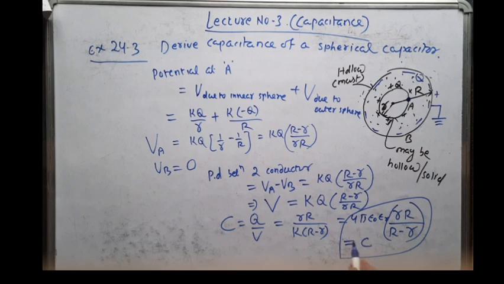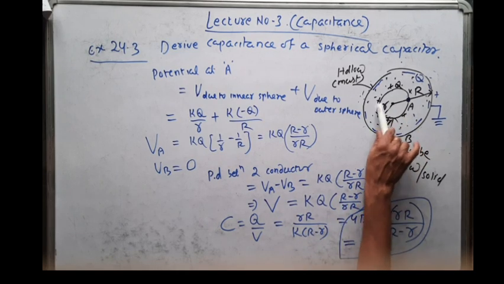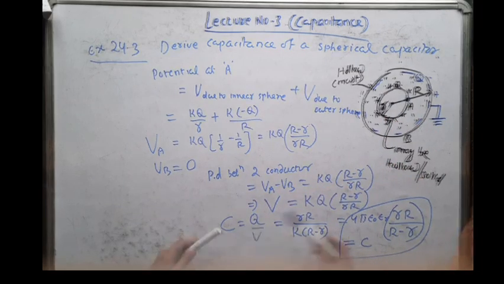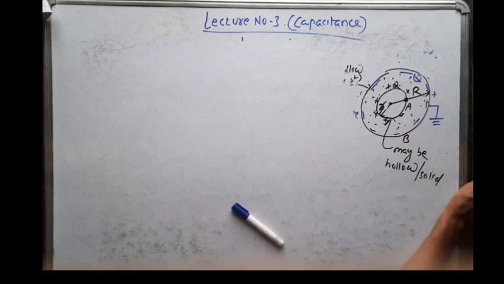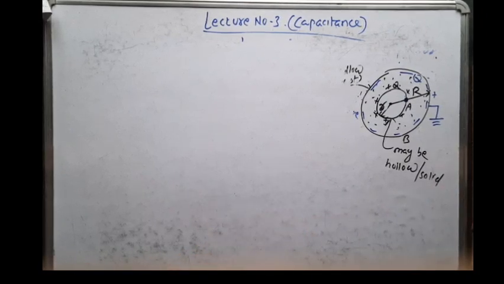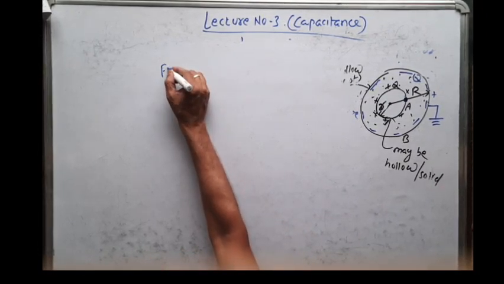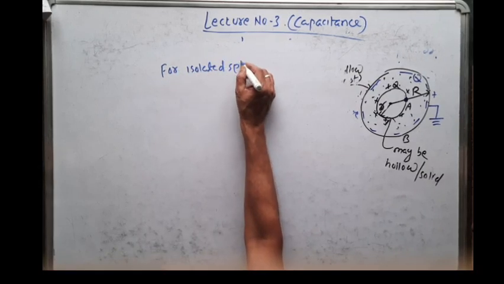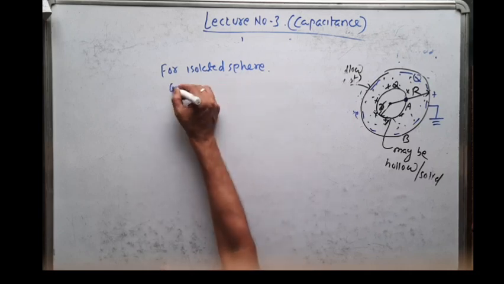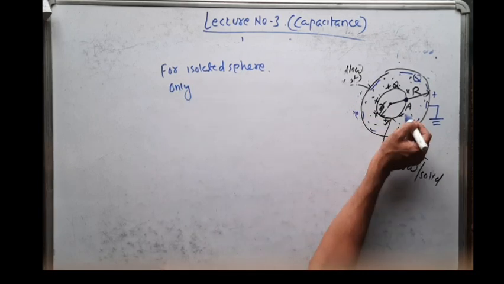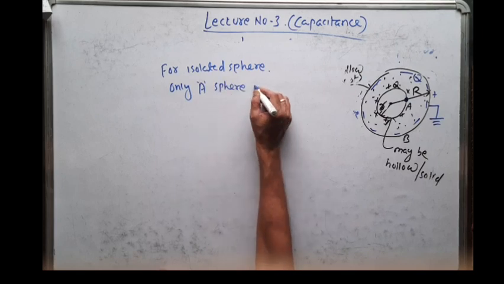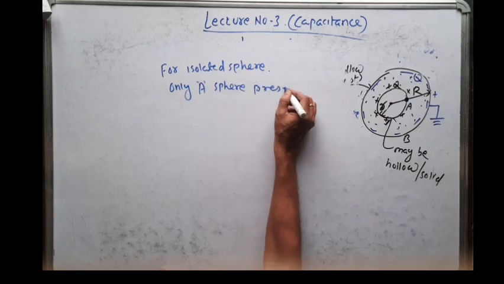Now if you take an isolated spherical conductor, that means only one conductor is there. So for an isolated sphere, only a sphere is present.